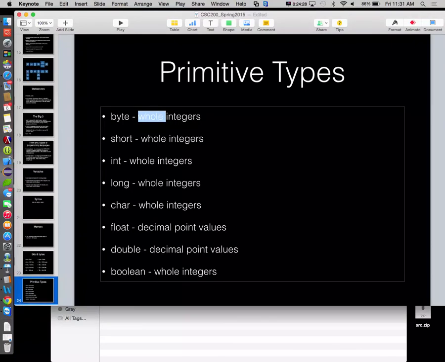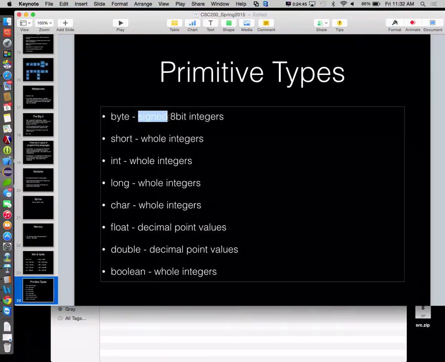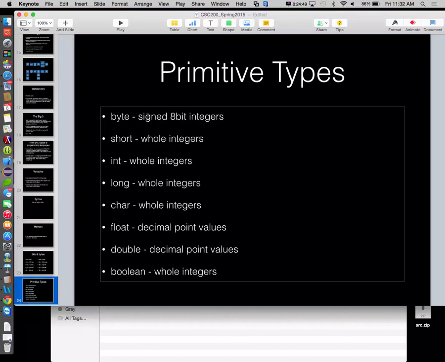So bytes are signed 8-bit integers. Signed means they can hold positive and negative numbers. Okay? So that means that a byte can hold a number represented as 8 bits. So this is binary. Now we got to go back to that.